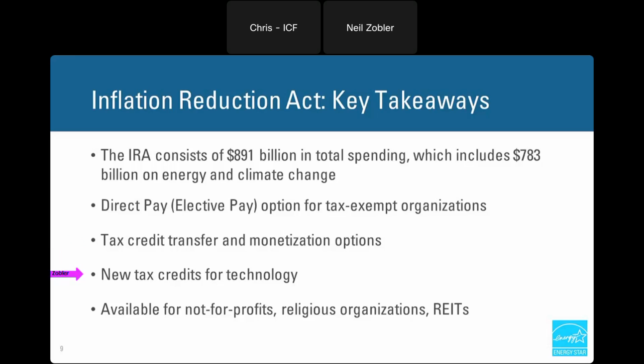Of course, there are new tax credits for different technologies, and as I had mentioned, they've opened it up for not only tax-exempt organizations, but not-for-profits, religious organizations, and REITs, which had been limited with regards to how much energy savings they could pass through to the investors under the old laws.